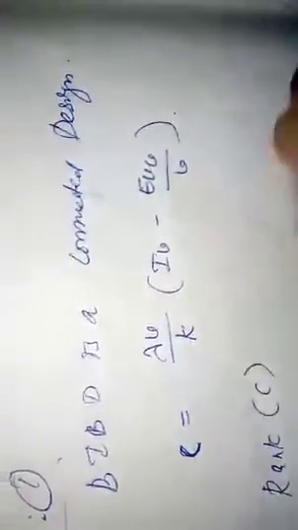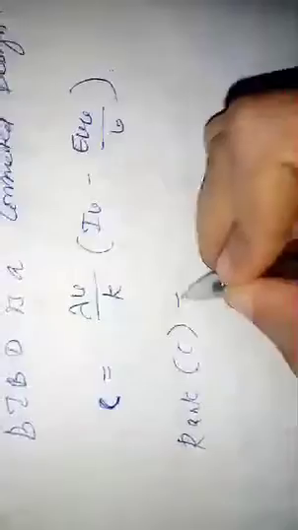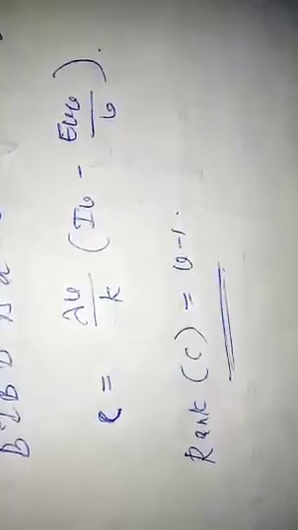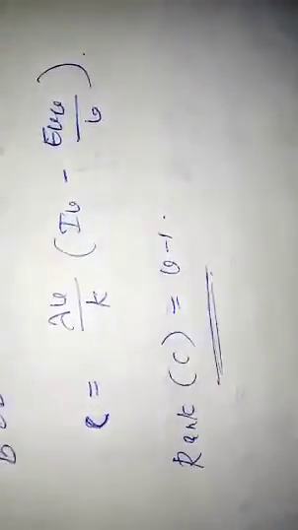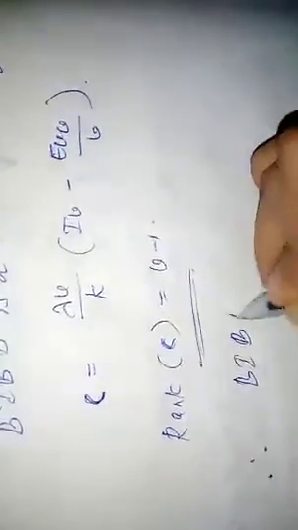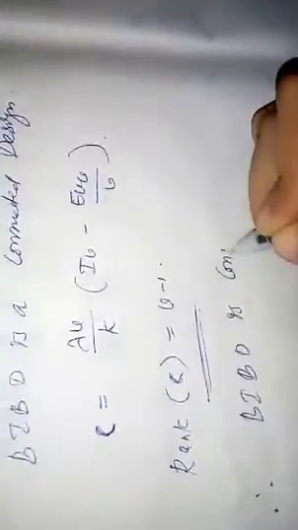And what is the rank of the C matrix? Rank of C equals v minus 1, which implies that the design is connected. Since this is the rank of the C matrix for BIBD, we can say that BIBD is a connected design.